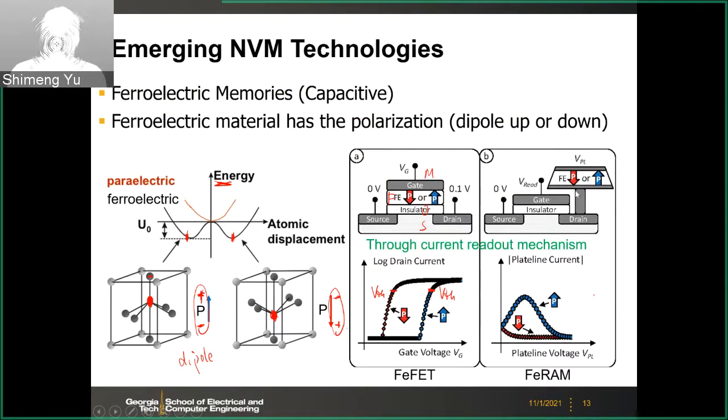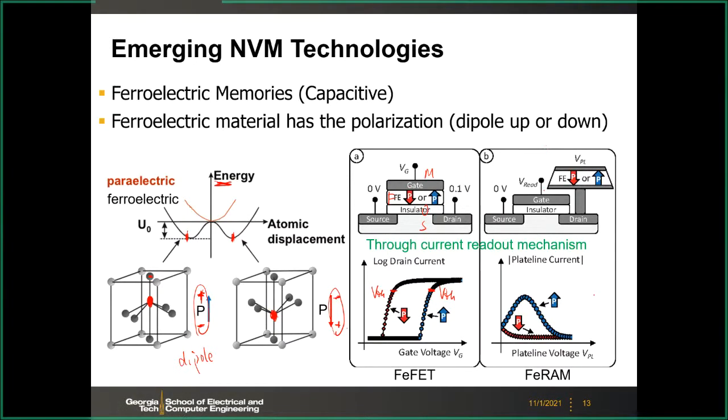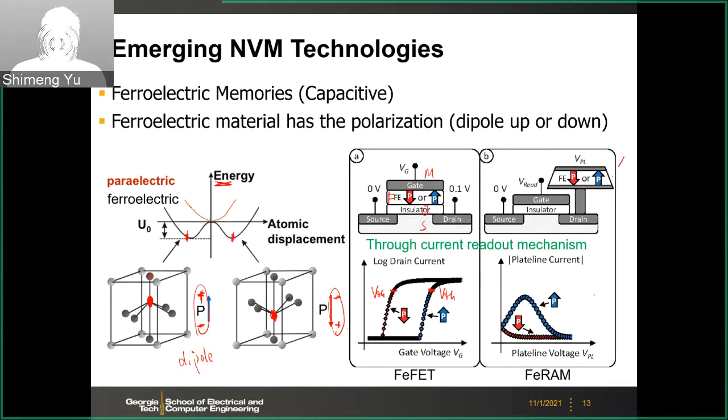The other configuration is that you integrate the ferro material in the drain contact. So it's like 1T1C. This is like DRAM. This is like your capacitor of the DRAM. You change the regular capacitor with the ferro capacitor. Then the ferro capacitor will have those dipole states pointing down and pointing up.